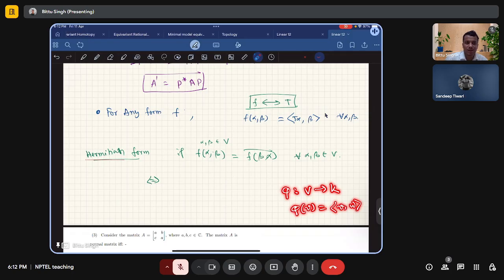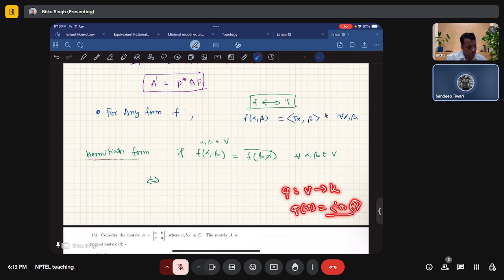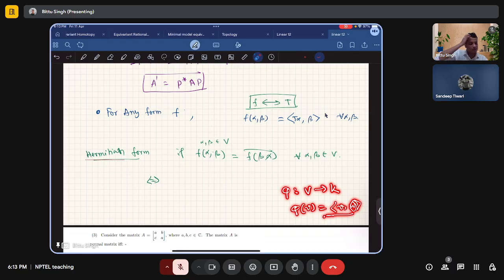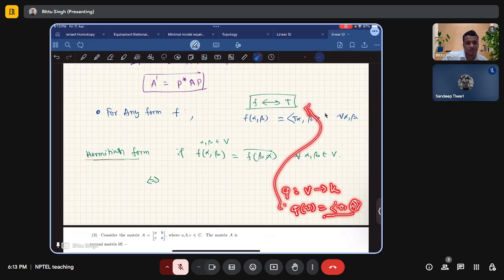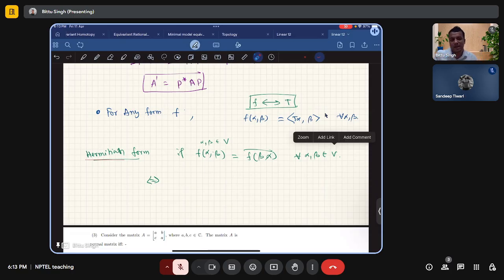It arises from some inner product. Yes, sir, there exists some w such that phi of v can be written as the inner product of v comma w, uniquely. This is called the Riesz representation lemma. So from here you can prove this fact. This is not difficult to show, and it is already proved in the book, so you can look at it.